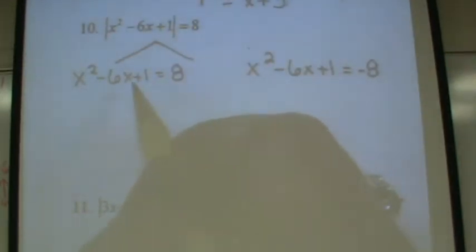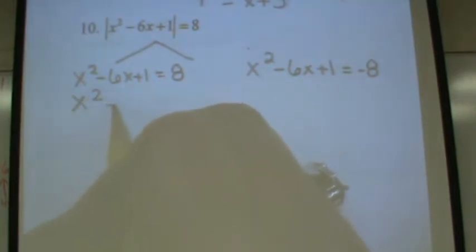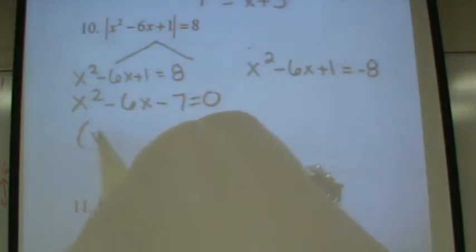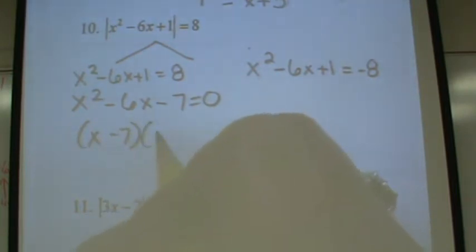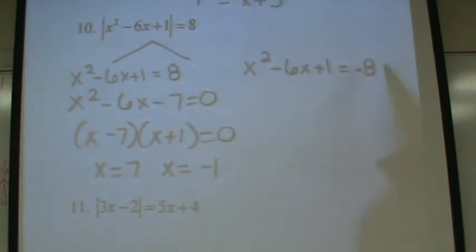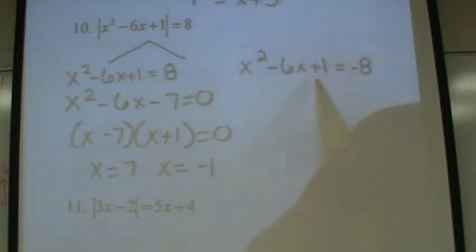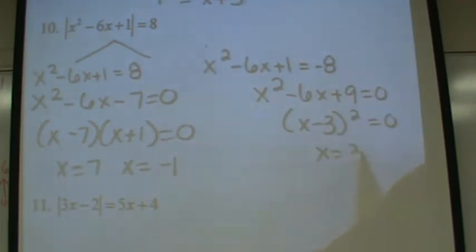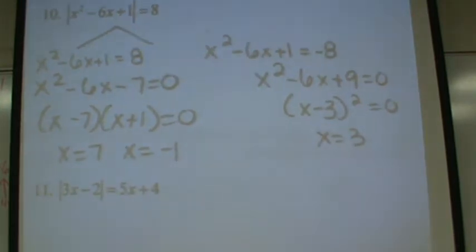You want to get a 0 on one side, factor, and solve. And you do the same on this side. So add 8, factor it, and your answer is 3. So there's 3 answers for this one.